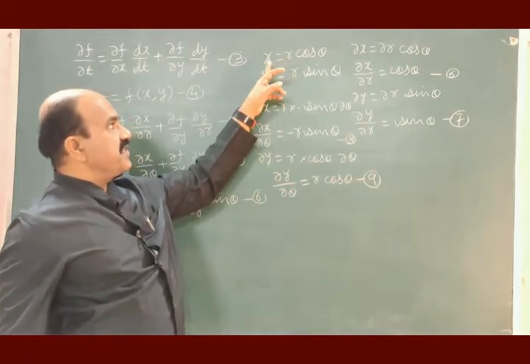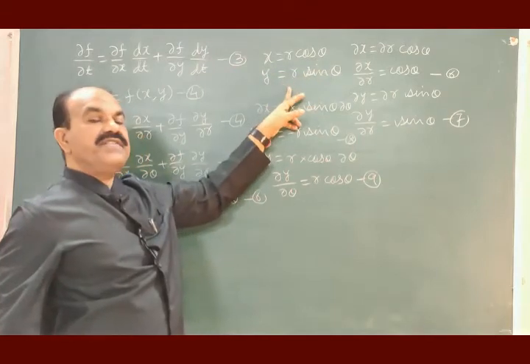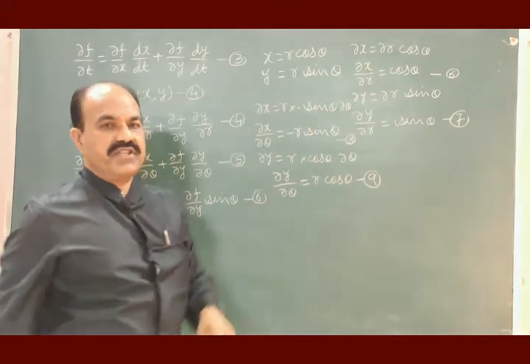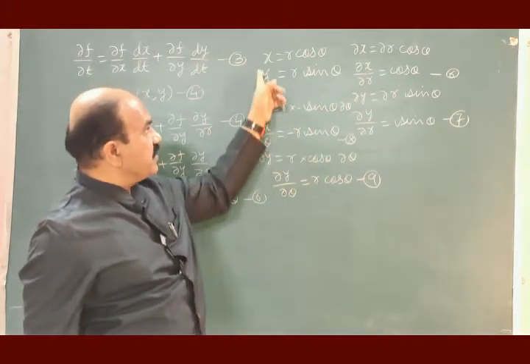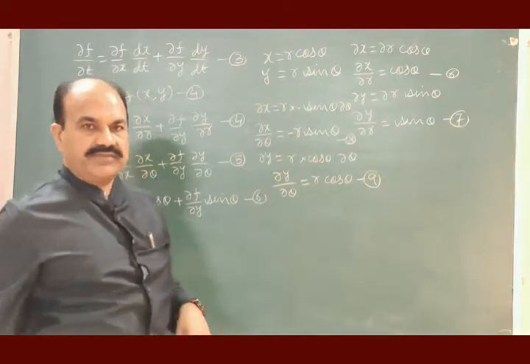Differentiating this equation on LHS with respect to x and on RHS with respect to theta, and differentiating the other equation on LHS with respect to y and on RHS with respect to theta, we get equation 8 from the first one and equation 9 from the second one.